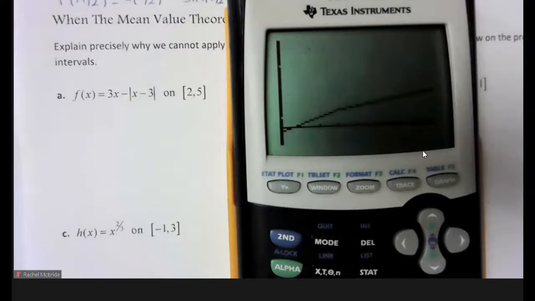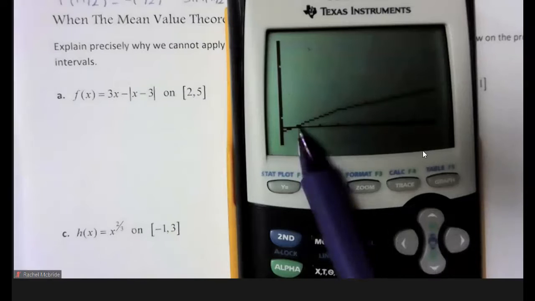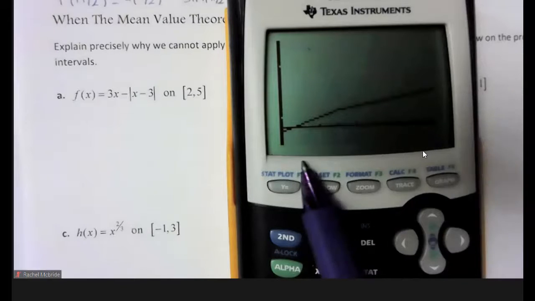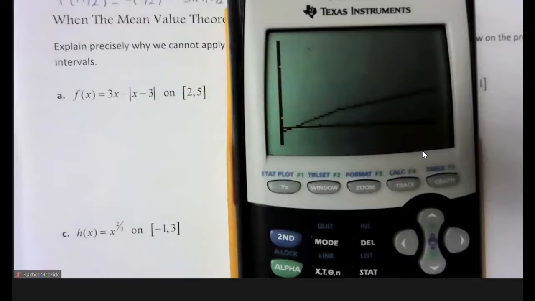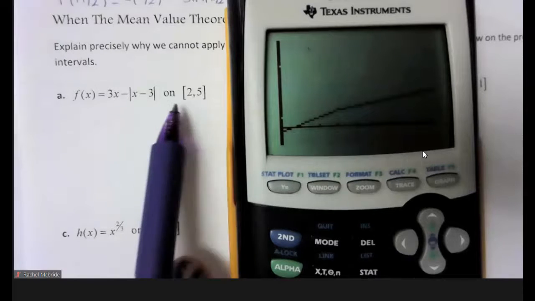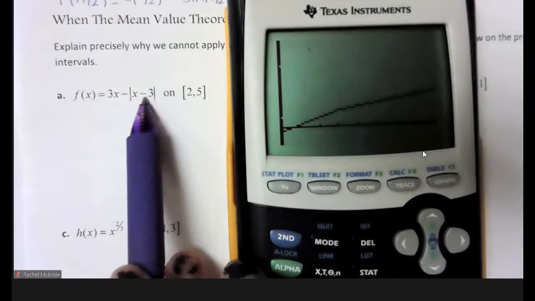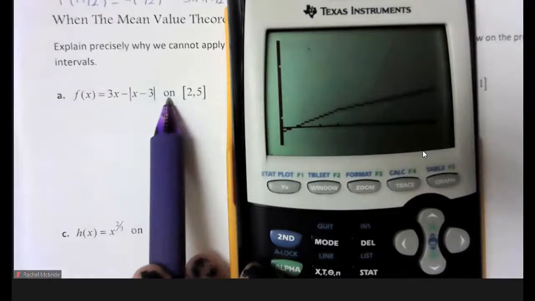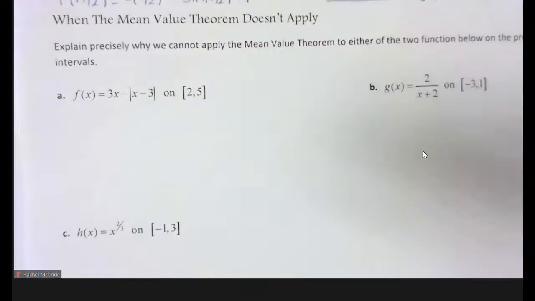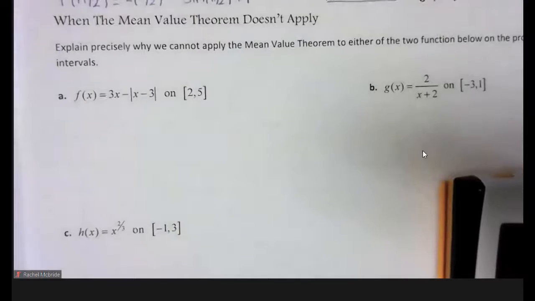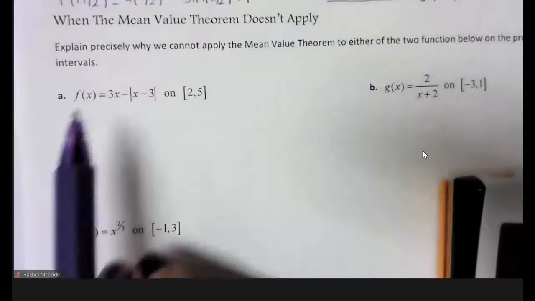Sometimes you get tricked into thinking graphs are smooth and continuous, and they're not, even when you look at them on a calculator. We understand this idea, though: that curve is shifted to the right 3 units. So it says, explain precisely why we cannot apply the mean value theorem.